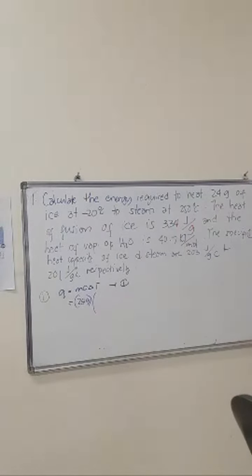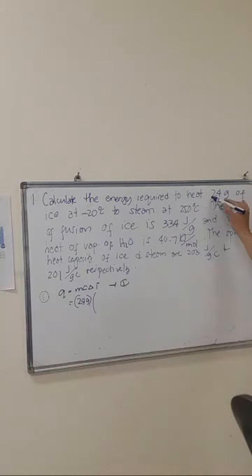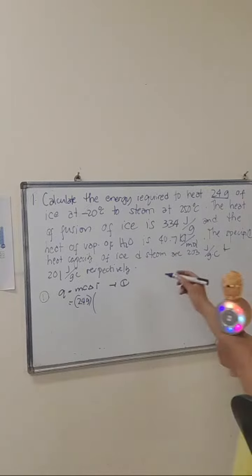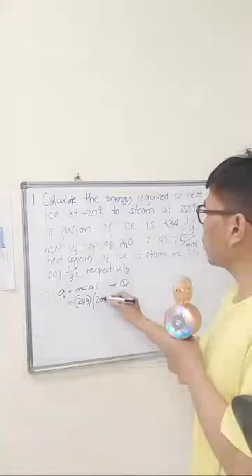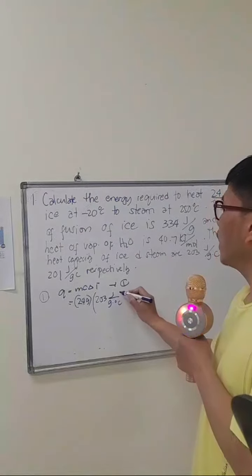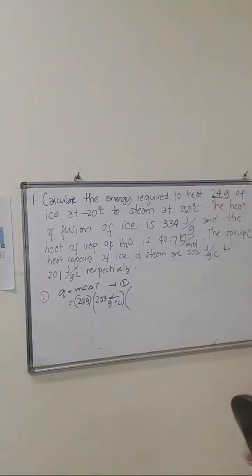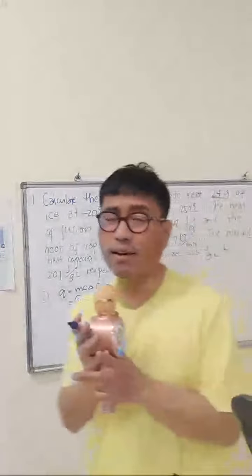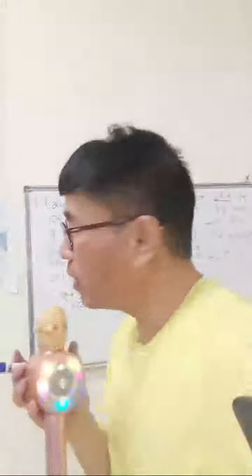Specific heat capacity of ice, because this is 24 grams starting from solid. Okay, 2.03 joules per gram degree Celsius. And then the change of temperature from 0 to negative 20, because 0 is the freezing point of water.